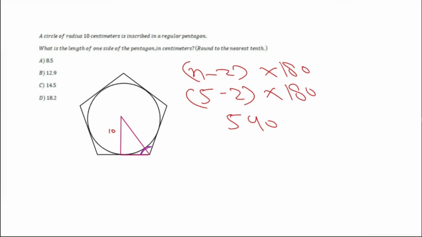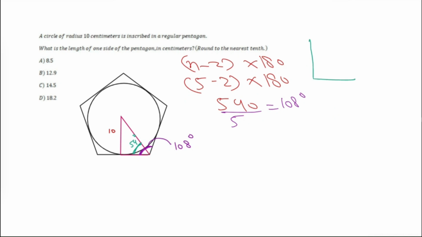Now a single interior angle would equal 540 divided by the number of sides, that is 5. So one interior angle equals 108 degrees. So this angle right here is 108 degrees. Since this hypotenuse divides 108 degrees, the angle inside the triangle would be 108 divided by 2, that is 54 degrees.